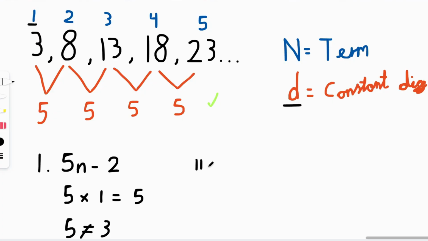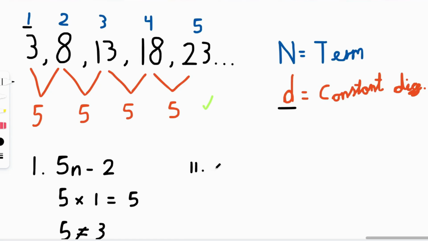The second, more advanced method is the actual formula, un, which is the general term, the nth term, equals u1, this is the first term, as in 1, plus n minus 1, d outside the brackets.